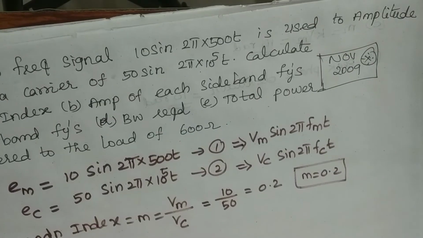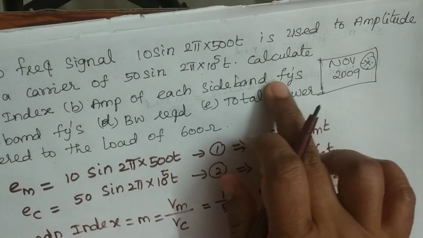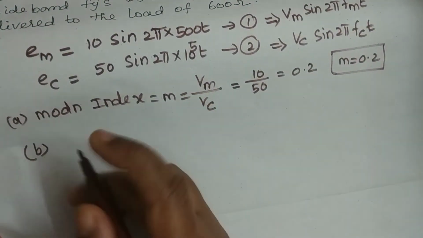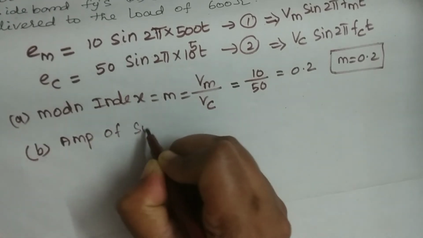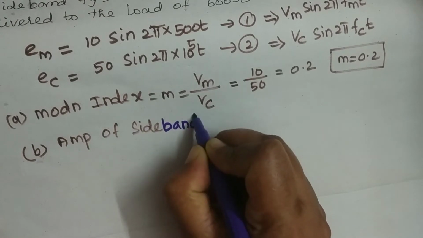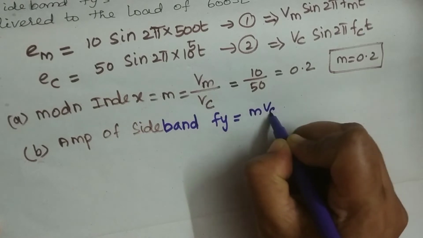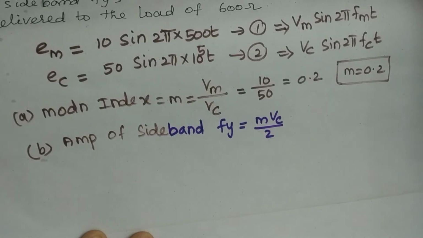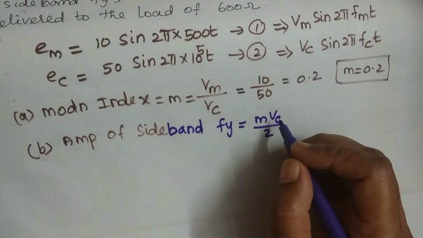In the second part, we are asked to calculate the amplitude of each sideband frequency. For amplitude modulation, the amplitude of a sideband frequency is m into Vc by 2, or m Ec by 2.